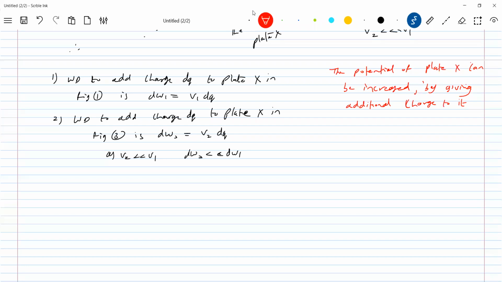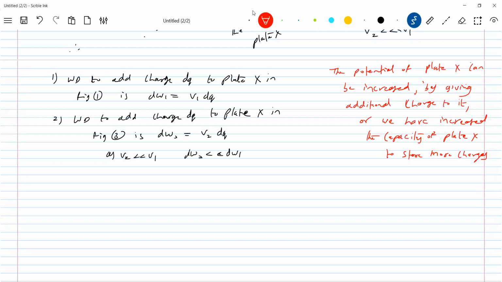So indirectly, we have increased the capacity of plate X to store more charges.